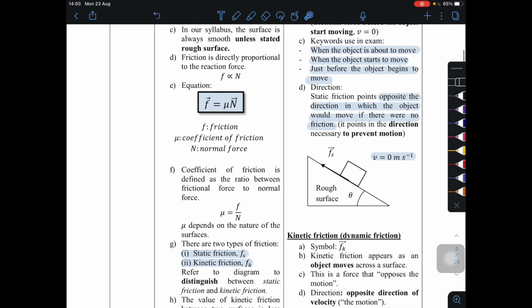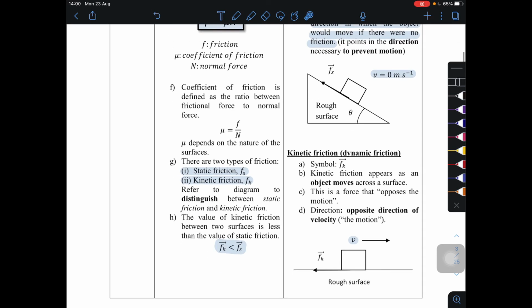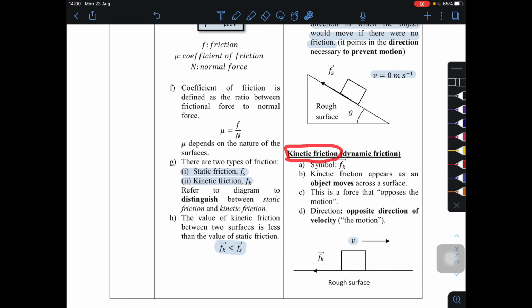Okay, so for the kinetic friction pula, we use the symbol Fk. Okay, K dekat sini means kinetic. So kinetic means when it is start moving. Okay, kalau it starts moving, usually dalam diagram dia akan letak macam ni, V and then going to the right.